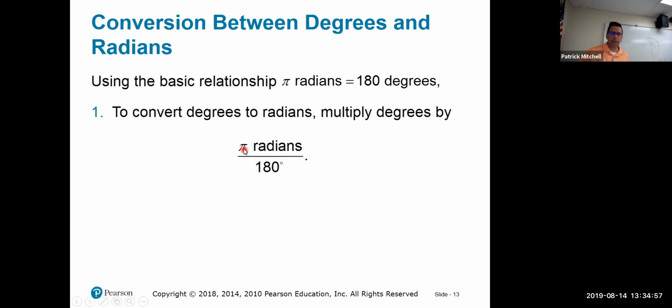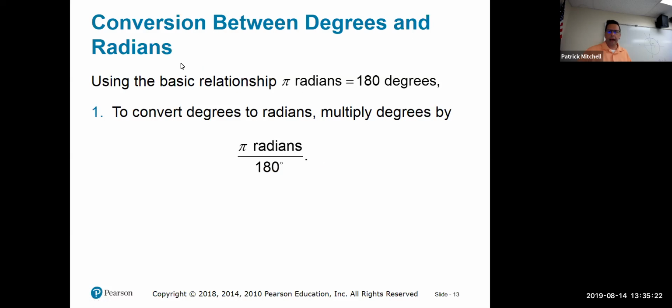All right, that has something to do with the fact that the circumference of a circle is 2 pi r. Okay, so imagine that this had started out saying 2 pi radians over 360 degrees, and they just took out the common factor 2.